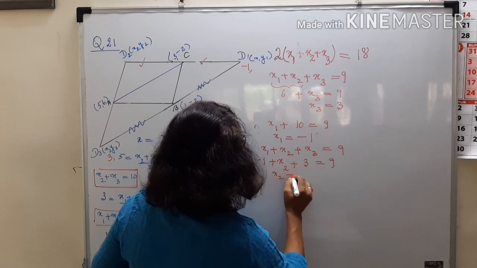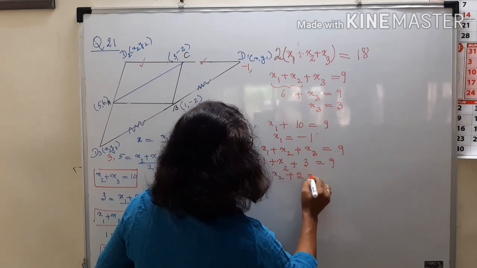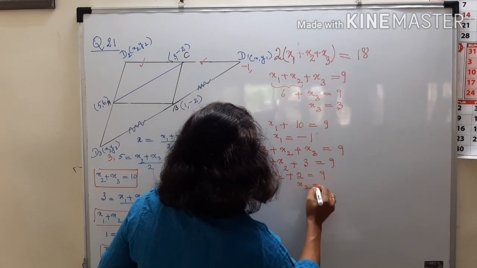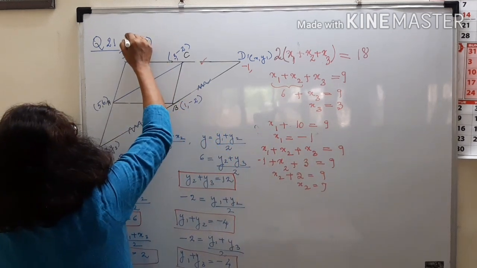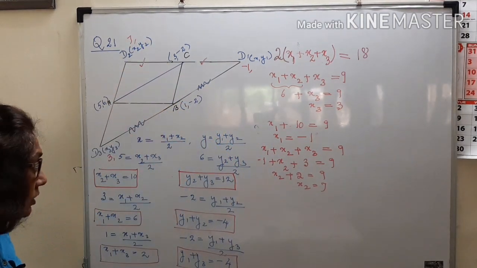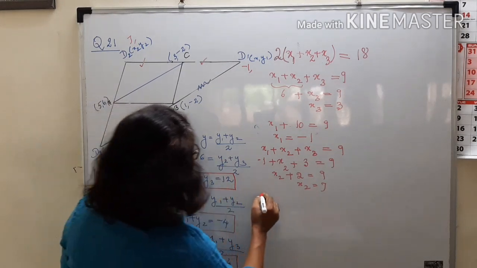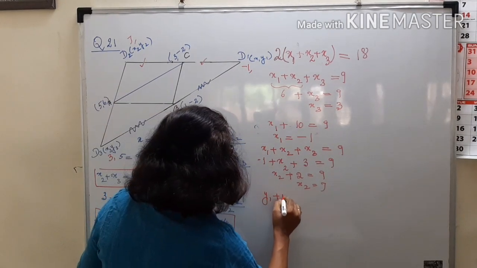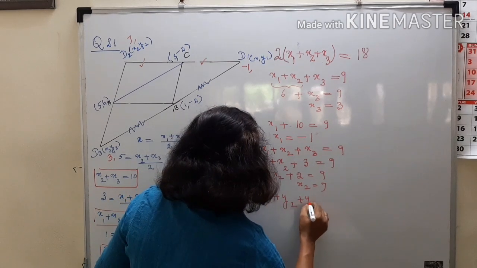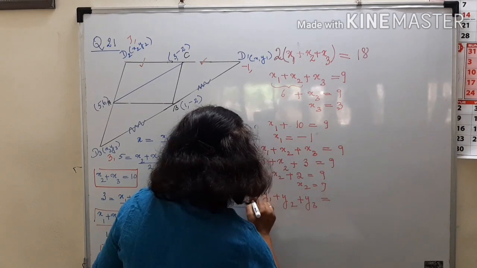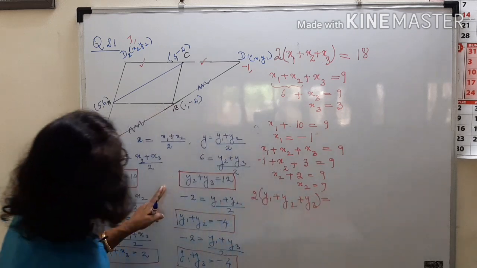So, x2 plus 2 is 9 and x2 is 7. So, we write x2 as 7. Do the same thing for y.